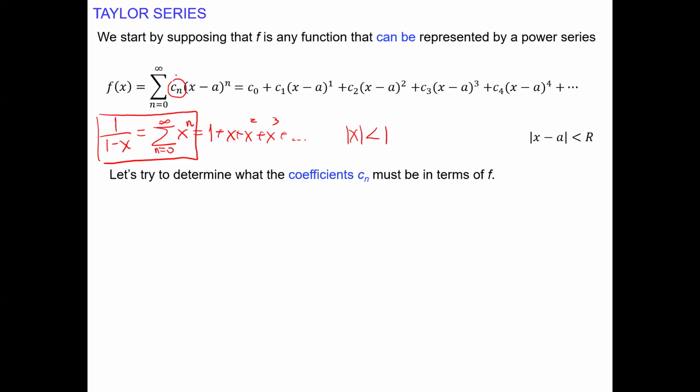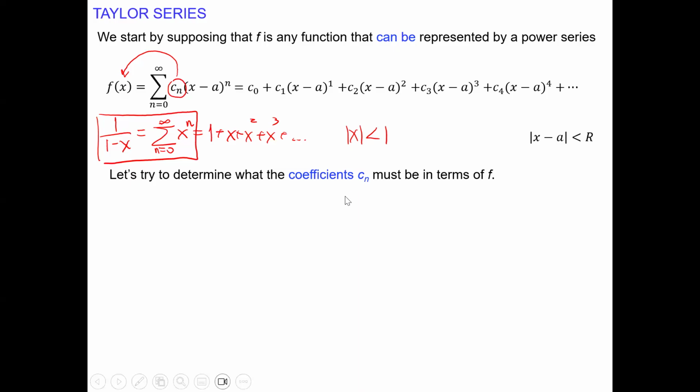So we will try to connect the coefficient c sub n with the given function through some formulas. If we can get a formula for c sub n in terms of f, then we can take any analytic function, find the coefficients, and then we will have a power series representation. Excellent. Let's start.